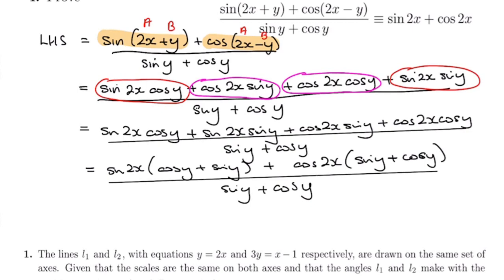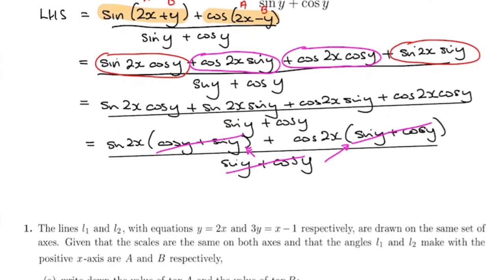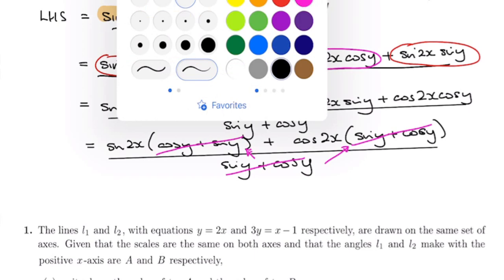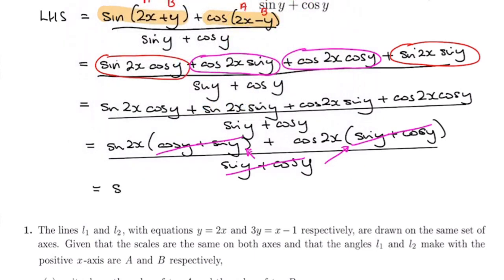Now we can do some cancelling. This cos y plus sine y is the same as sine y plus cos y, so it cancels with the denominator, because remember the terms in the denominator belong to both terms in the numerator, and therefore when you cancel those down you're just left with sine of 2x plus cos of 2x, which of course is the right hand side.